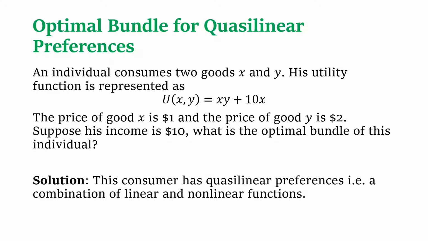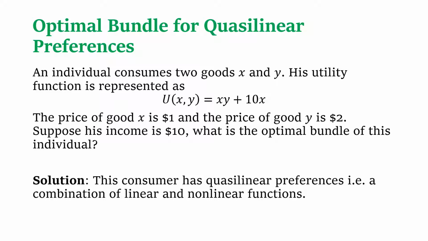So we get the marginal utility of good x, which is the derivative of u with respect to x, which is just y plus 10. And then the marginal utility of good y, which is the derivative of u with respect to y, is just equal to x, right?